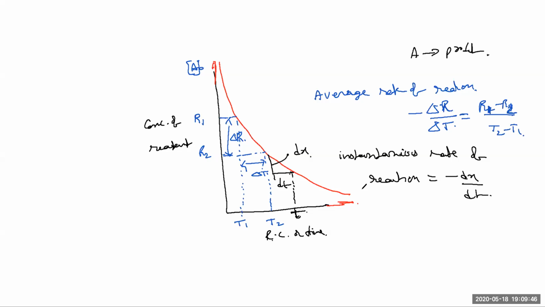You start at 9 o'clock in the morning and reach by 12 o'clock because of huge traffic. The distance traveled is 30 kilometers and the time is 3 hours, 12 minus 9. So 30 kilometers by 3 hours is the average rate.